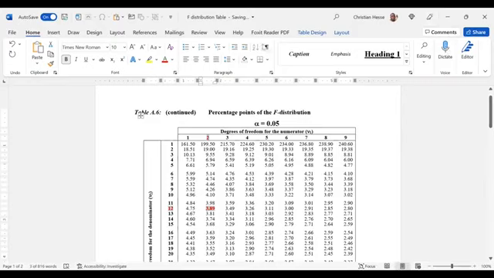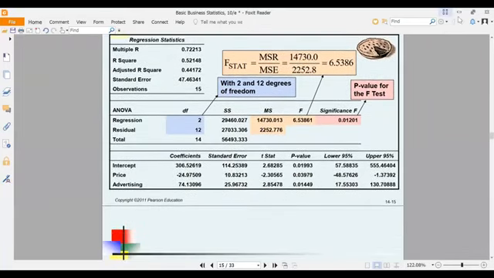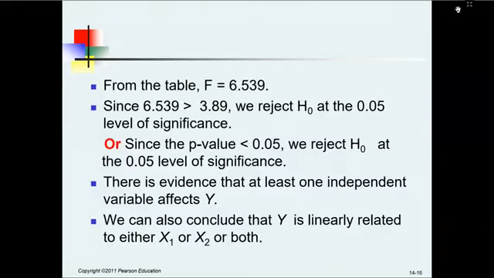So that's how I obtain the 3.89 here. So this is the computed value of F, and this is the critical value of F. Then we reject H naught whenever the computed value of F is greater than the critical value of F. So that's the decision rule.